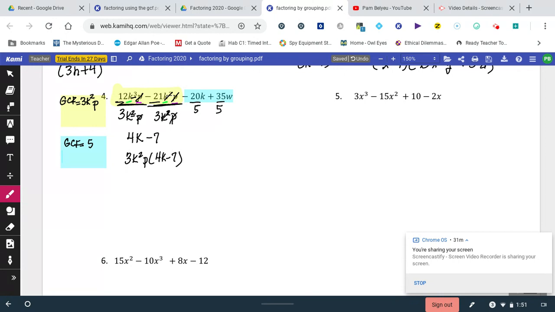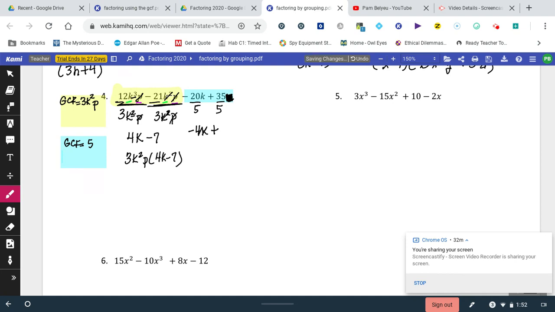All right, so you're going to end up with negative 4k plus 7. I'm going to take this w off of there. I don't even want it on there. It shouldn't be. That's a typo.